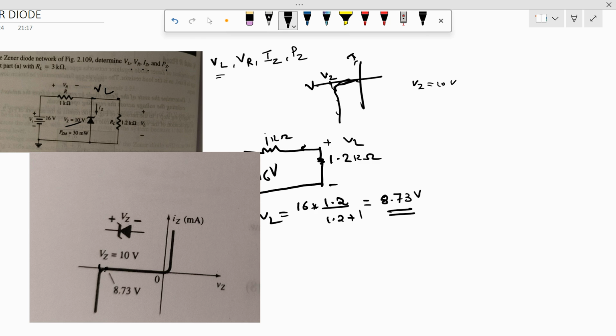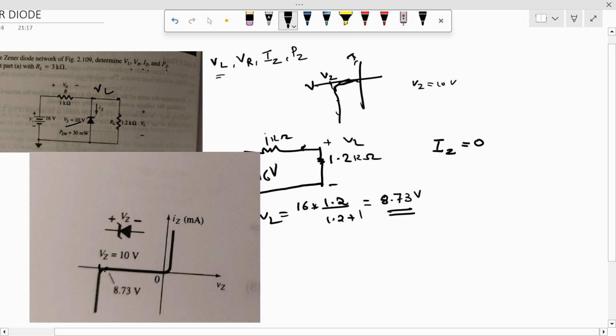Now we can easily say that definitely if the diode is not conducting, IZ will be equal to 0, right? Then what do we have to find? VR. What will be VR? VR will be V input minus VL.